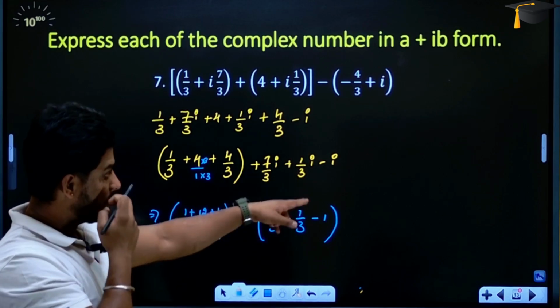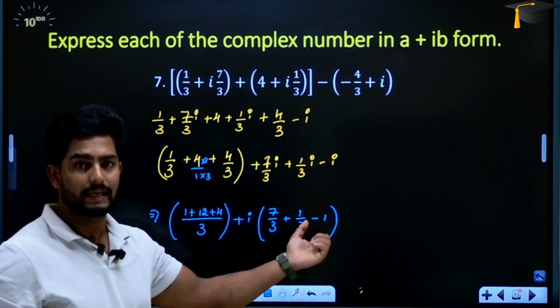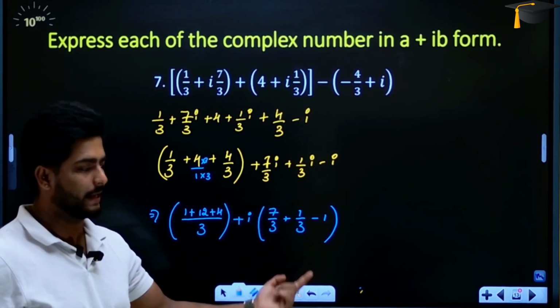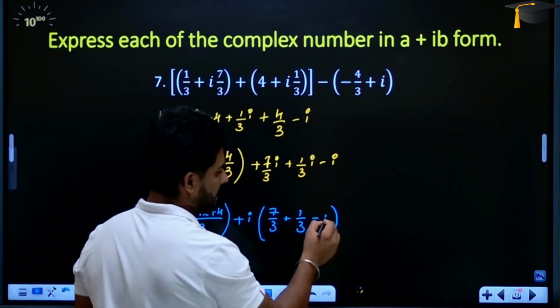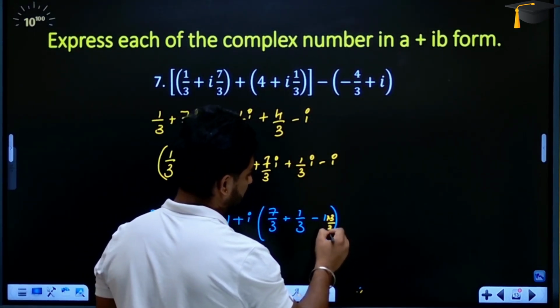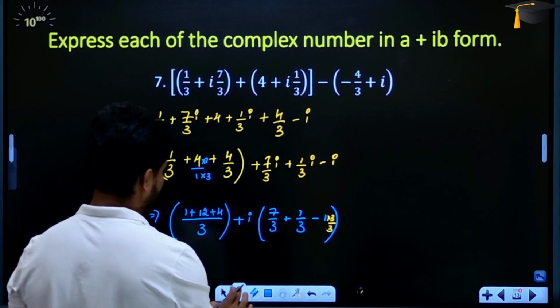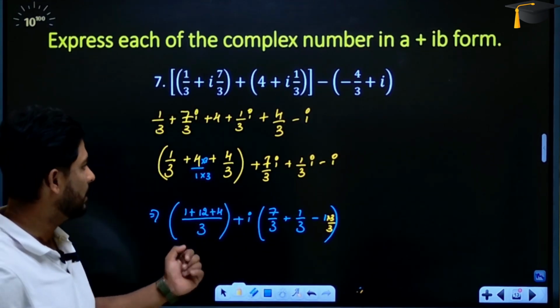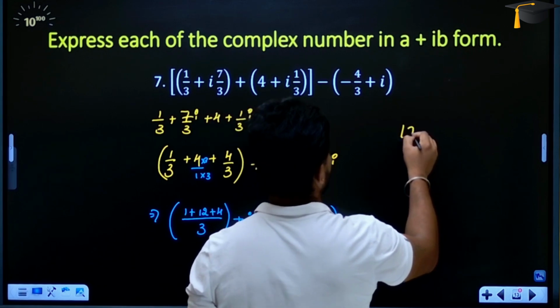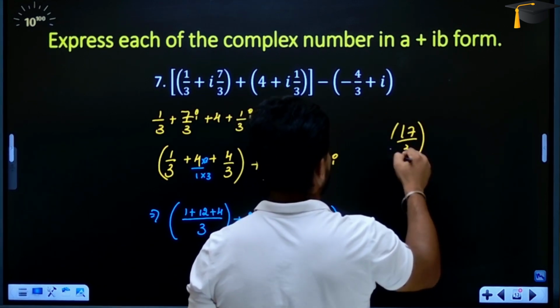After taking i common, there is a high chance that you will not write anything here, so remember minus 1 remains here. So remember we just have to multiply here, there is no 3, right? So divide by 3 so that you can do the calculations quickly. So 12 plus 4 is 16 plus 1 is 17/3. This part is 17/3, so the real part is clear.